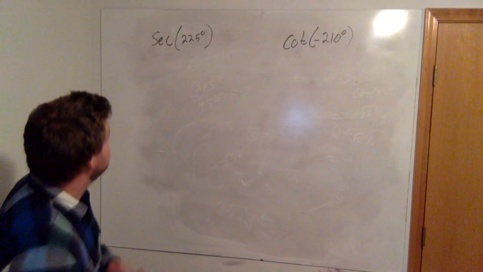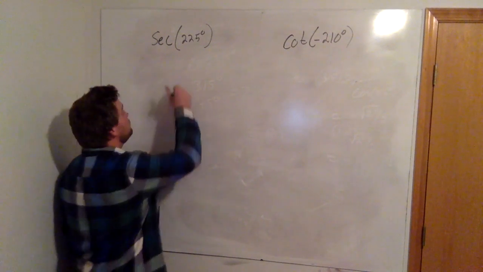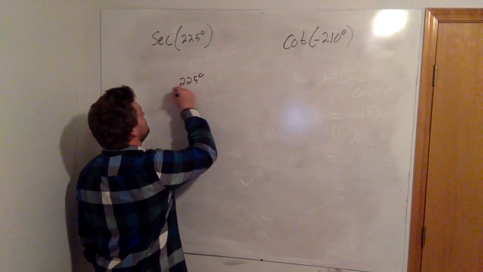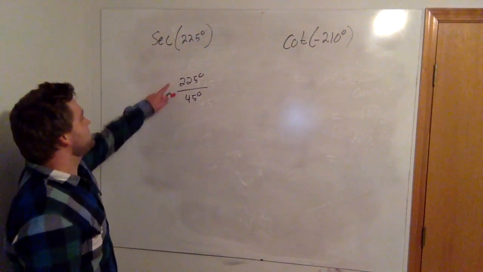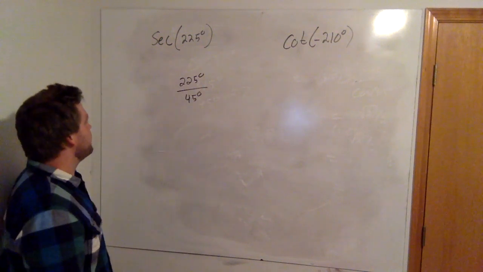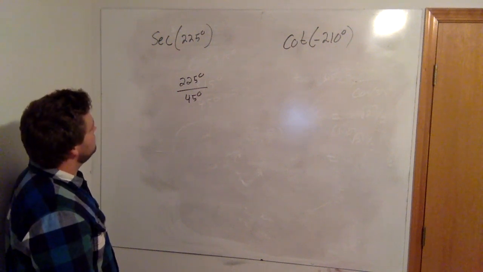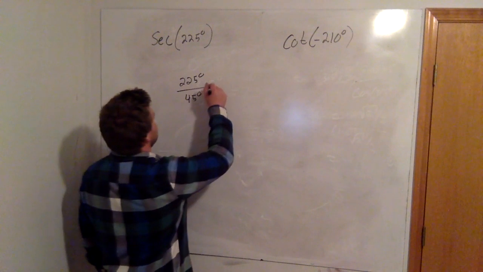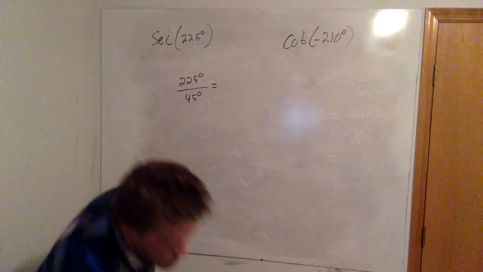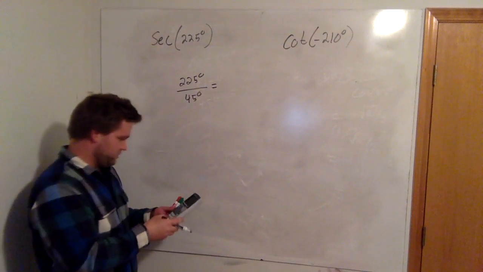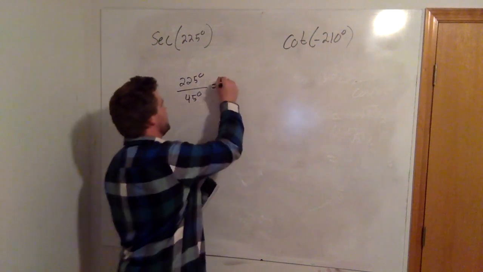Okay, so let's do this first one. Just figure out where we're at on the unit circle. 225 degrees. Let's divide that by 45 degrees. Let's just use our calculator. 225 divided by 45 is 5 times.